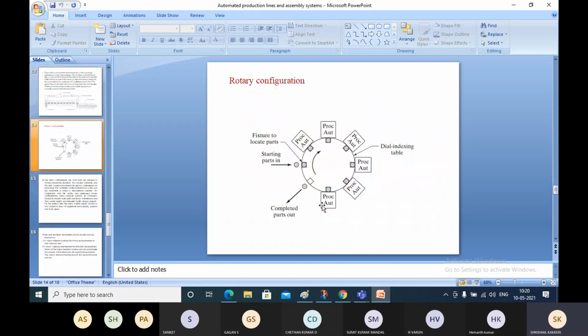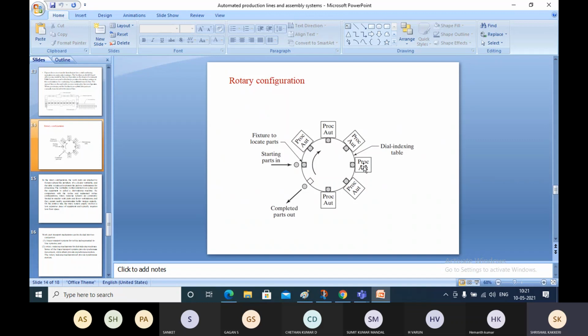For the rotation of the indexing table, the idle time interval will be based on the workstation which is consuming the maximum work cycle. For example, this particular workstation consumes 1 minute of cycle time, and this other workstation requires 2 minutes of processing time.